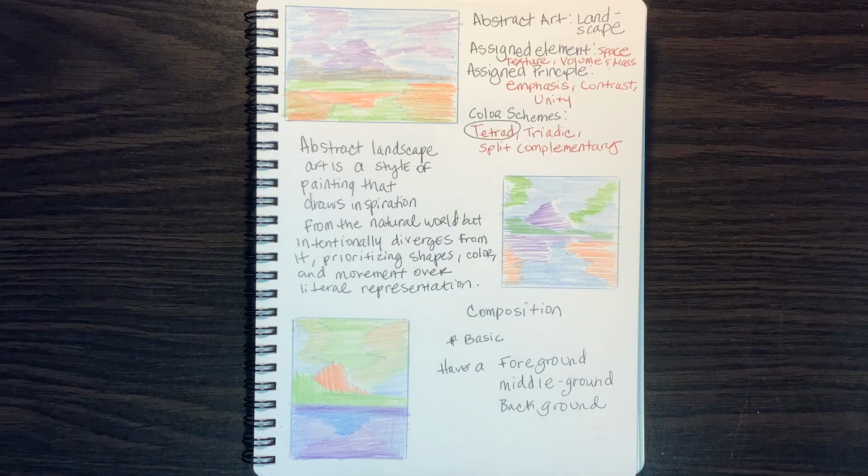But just to sum it up rather quickly, all it really is that we're taking ideas from whatever landscape you are doing, whether it's a cityscape, a landscape, a beachscape, whatever you decide you want to do, you're taking those ideas, and you may even have a reference.